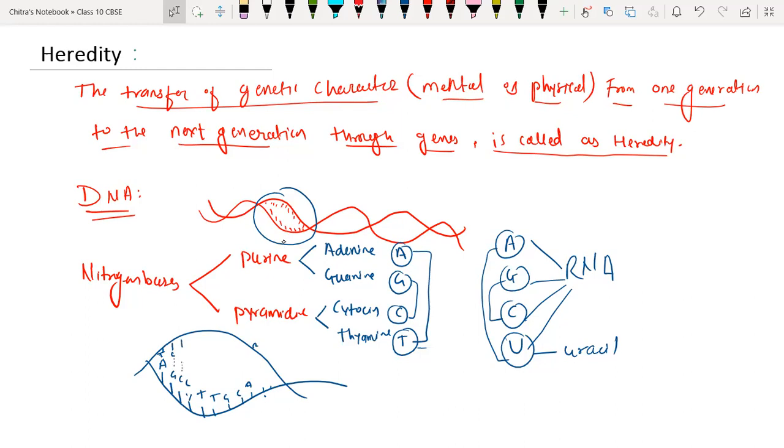Where we have cytosine, guanine will come. Such sequences are present in DNA.